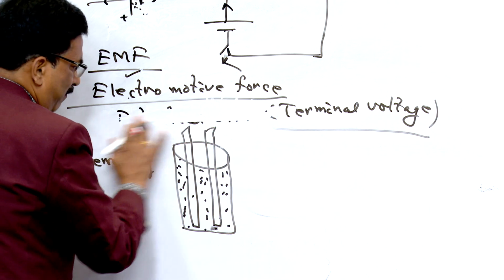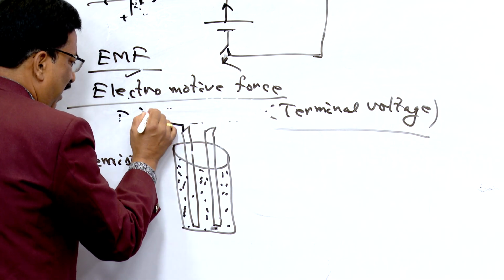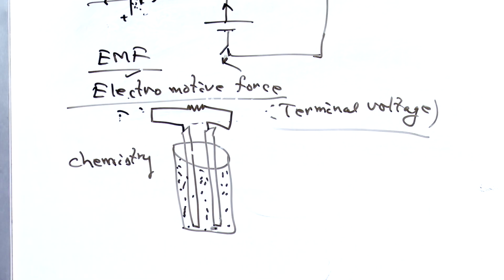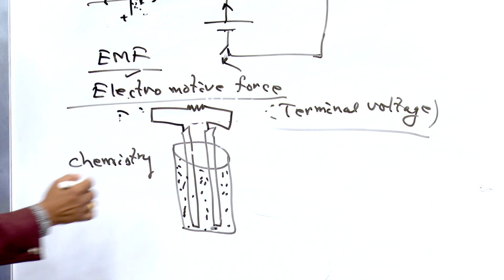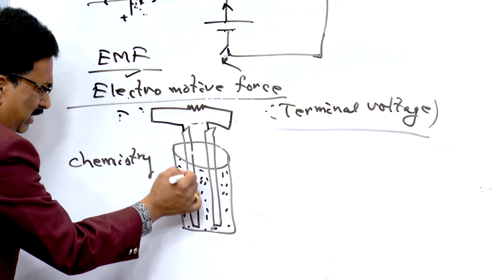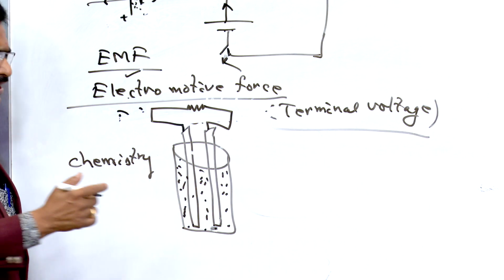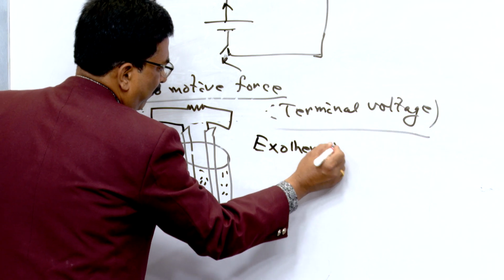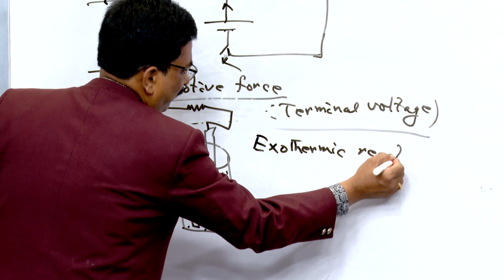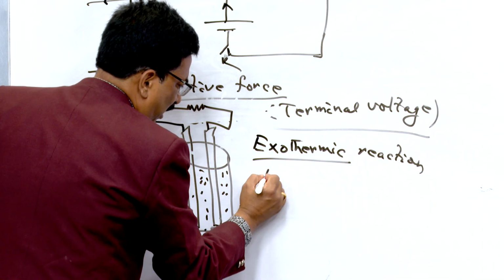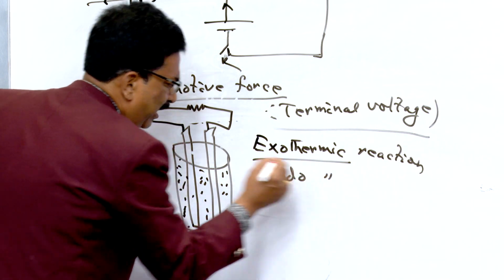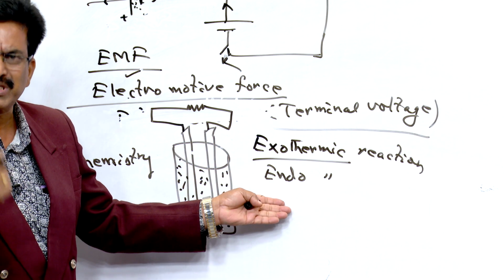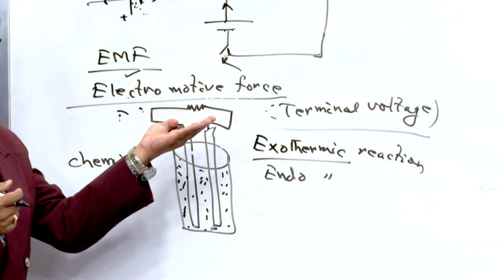And if these two ends are connected with a resistor, then due to the chemical reactions, these electrolytes will make an exothermic reaction. One is exothermic, one is endothermic. Exothermic means which provides, endothermic means which absorbs. So, it produces the exothermic reaction.